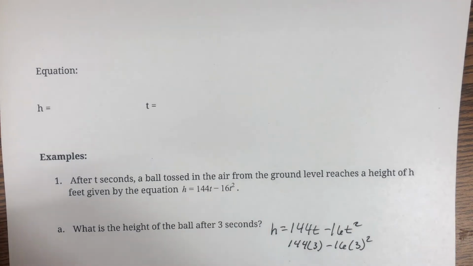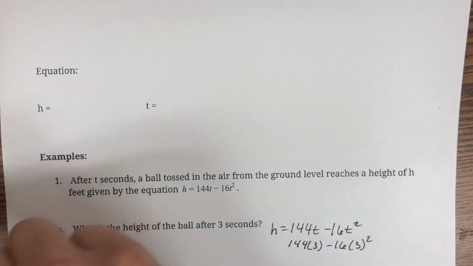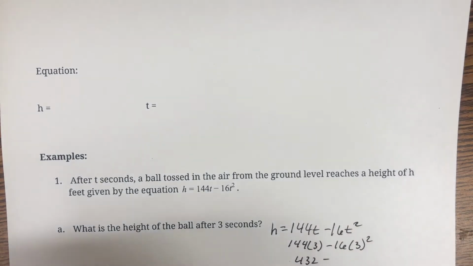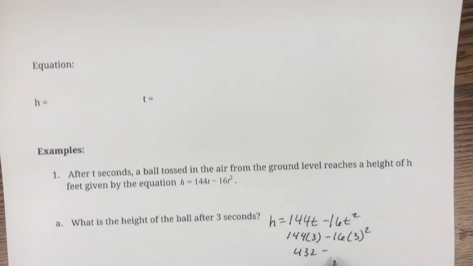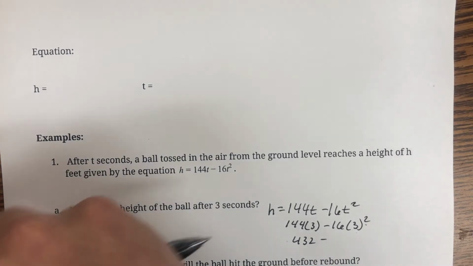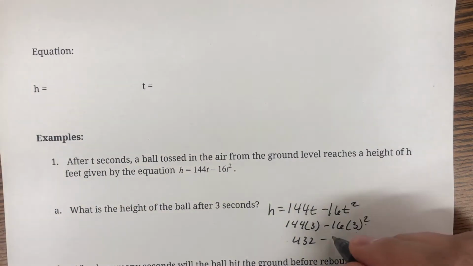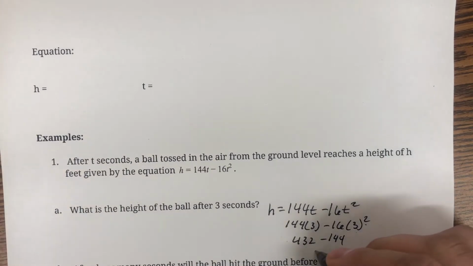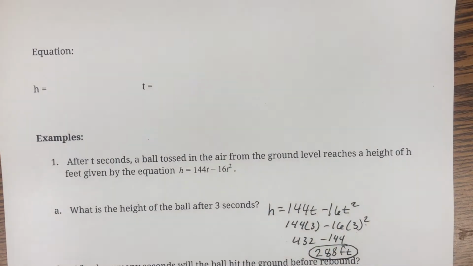When I multiply this out, 144 times 3 is 432 minus, now make sure you follow the order of operations because you have to do 3 squared first. 3 squared is 9, and 16 times 9 is 144. And 432 minus 144 is 288 feet. So it went pretty far up in the air. Whoever tossed that had some power.